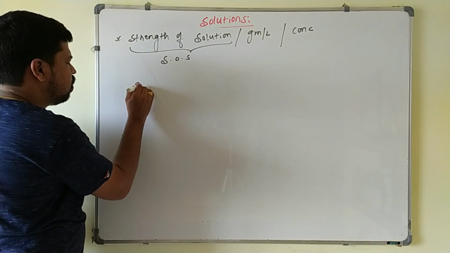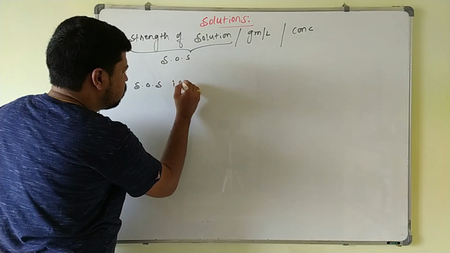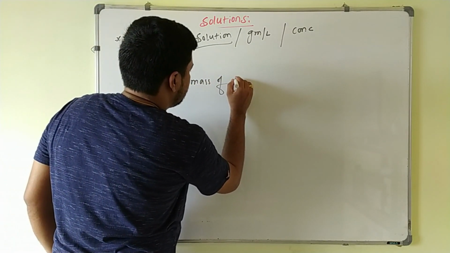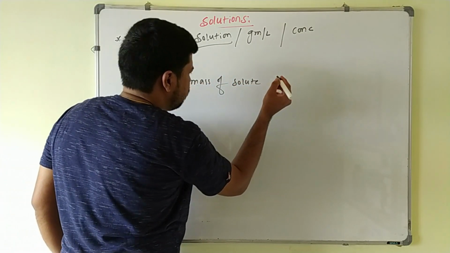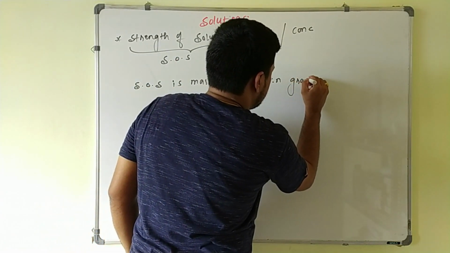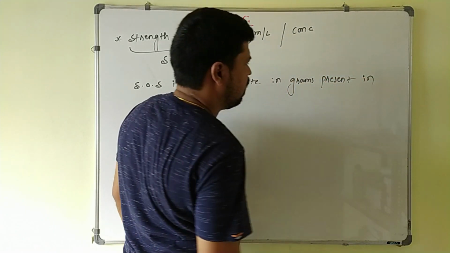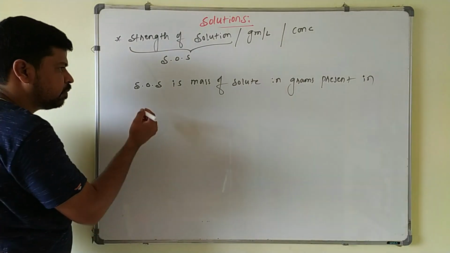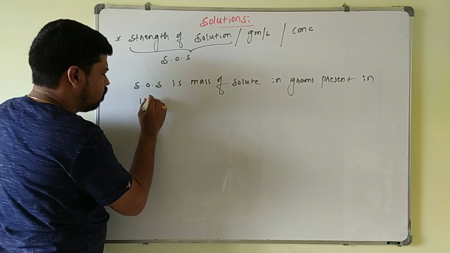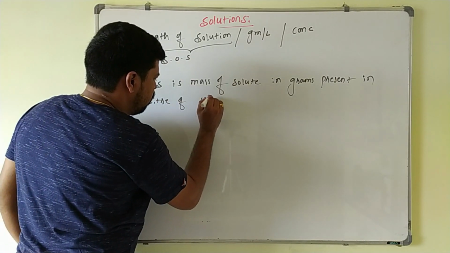So strength of solution is the mass of solute in grams present in 1 liter of solution.